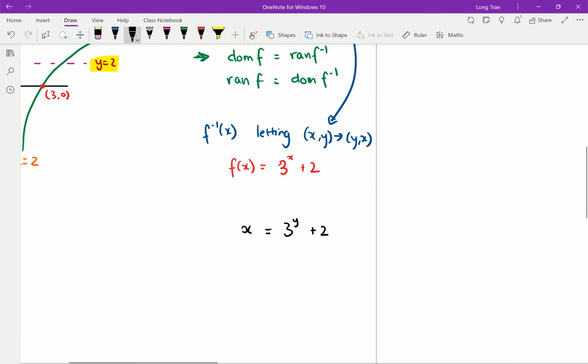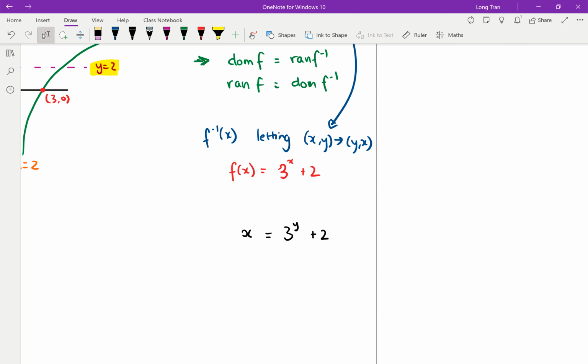If you're wondering what I just did there, I'm just saying let f of x equal y. So you normally have y equals 3 to the power of x plus 2, right? Then through the transformation for an inverse function, the x becomes the y and the y becomes the x, and that's all I've done. That's it. And from here, we're solving our equation.